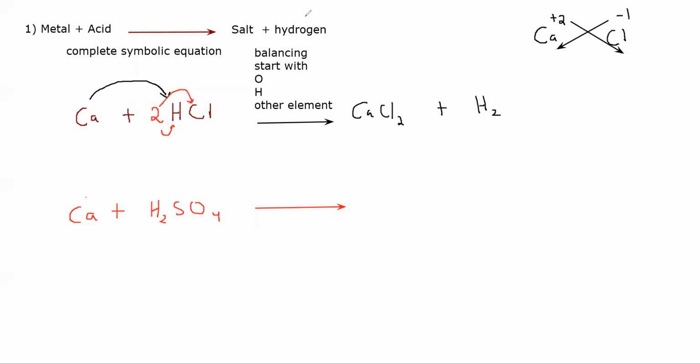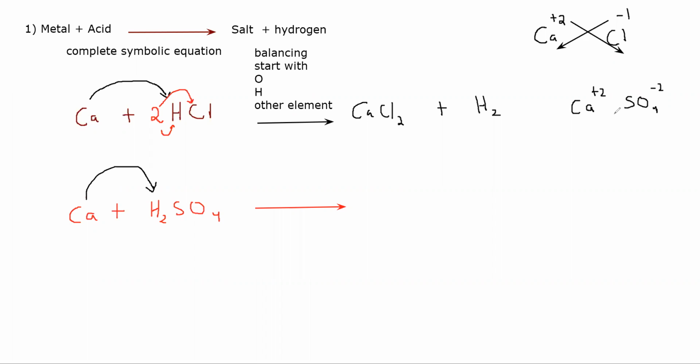Again, the metal will take the position of hydrogen. So calcium will displace this hydrogen. Because a metal reacts with acid, this will result in the formation of salt and hydrogen. So calcium with sulfate. What is the formula of a compound which contains calcium and sulfate? Calcium is +2. Calcium sulfate is CaSO4, and sulfate is SO4 with a charge of -2.